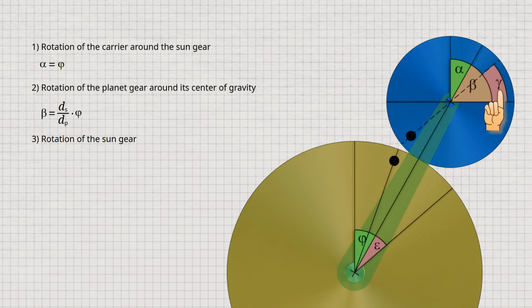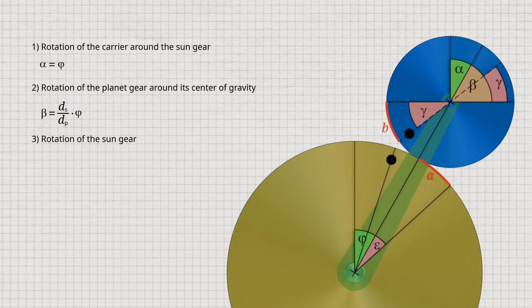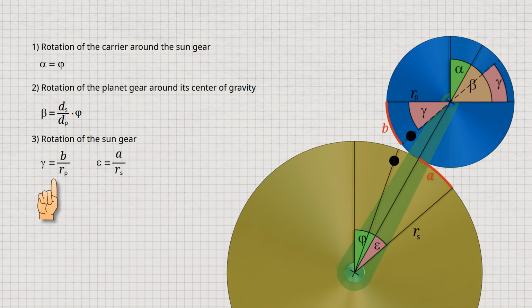Here again, in the case of a rolling motion, the arc-shaped distance a, covered on the circumference of the sun gear, is equal to the arc distance b, by which the planet gear has moved on its circumference. As before, the definition of the radian measure gives the relationships shown between angle, arc length, and arc radius. After solving these equations for the respective arc lengths and equating them, the angle gamma can be determined as shown.